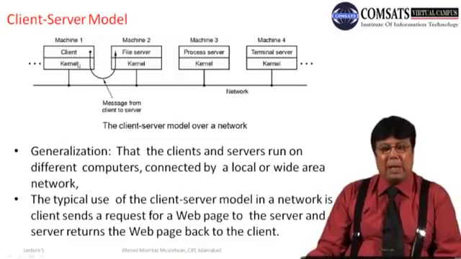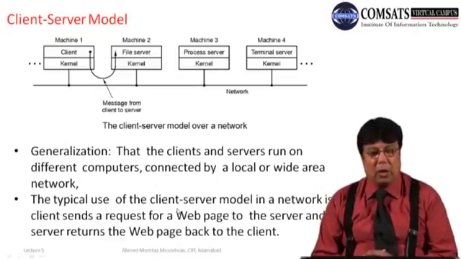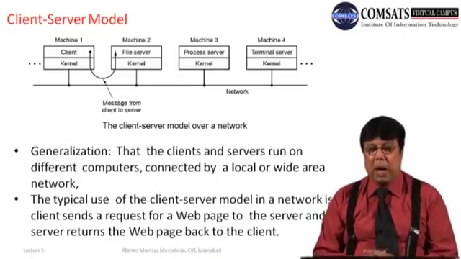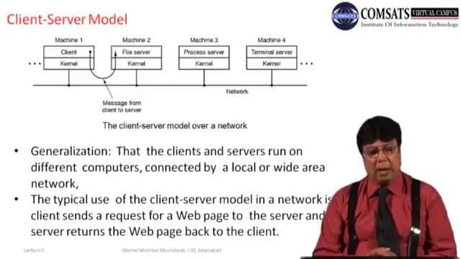सो क्लाइंट से एक मैसेज आया, ये मैसेज पिकअप कर दिया इस मशीन ने, इस फाइल सर्वर ने, और इस फाइल सर्वर ने इसको सर्विस प्रोवाइड की जो दोबारा नेटवर्क से होती हुई इस क्लाइंट को मिल गई. सो द जनरलाइजेशन सेज दैट द क्लाइंट एंड सर्वर्स रन ऑन डिफरेंट कंप्यूटर्स कनेक्टेड बाय अ लोकल और वाइड एरिया नेटवर्क. द टिपिकल यूज ऑफ द क्लाइंट सर्वर मॉडल इन अ नेटवर्क इज: क्लाइंट सेंड्स अ रिक्वेस्ट फॉर वेब पेज टू द सर्वर, and the server returns the web page back to the client.